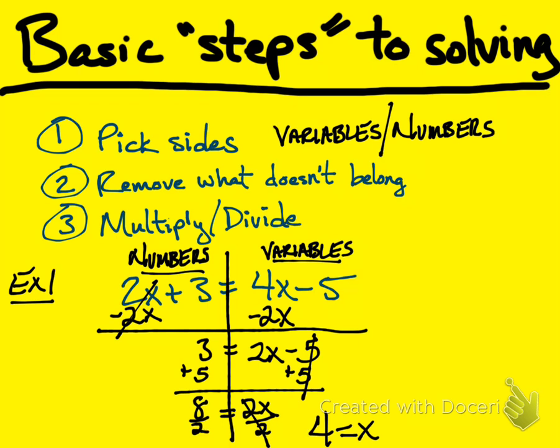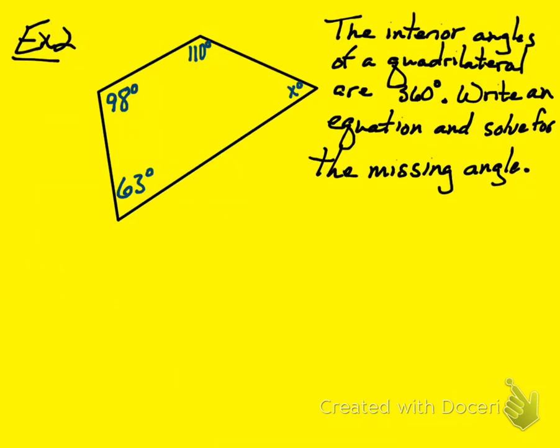Now let's go to one more where you have to set up an equation and solve it. Okay, so we've got this very well drawn quadrilateral. What is that? Quadrilateral. Oh, quad. So quad means 4, lateral sides. 4 sides. That's what that means. And I know that anything with 4 sides is 360 degrees.